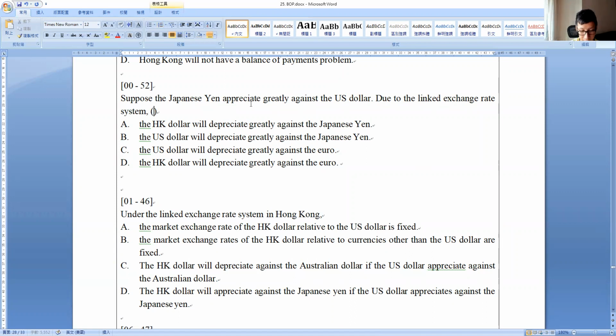Now remember, USD depreciating against yen is the same as saying, because of the linked exchange rate system, Hong Kong dollar also depreciates greatly against Japanese yen. So here, the Hong Kong dollar will depreciate greatly against Japanese yen. Basically the same. The euro is irrelevant. Okay, next one.